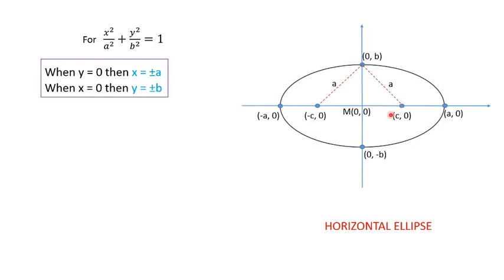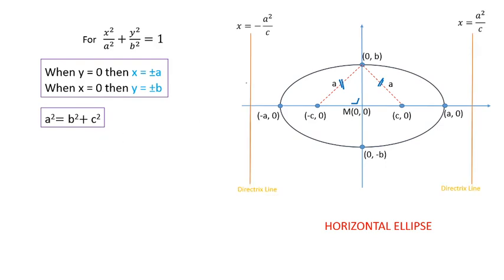So here you can see the right triangle, deriving the relation of a, b, and c, which is a squared equals b squared plus c squared.